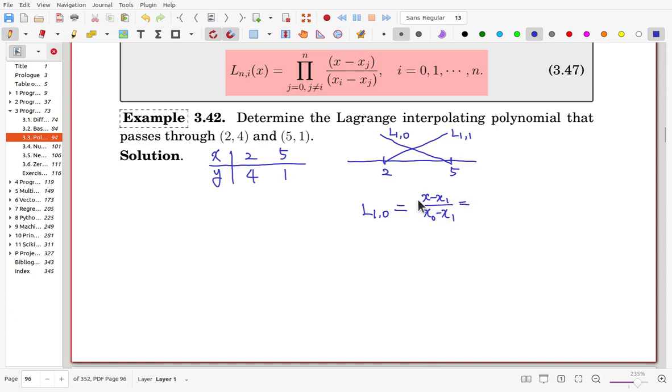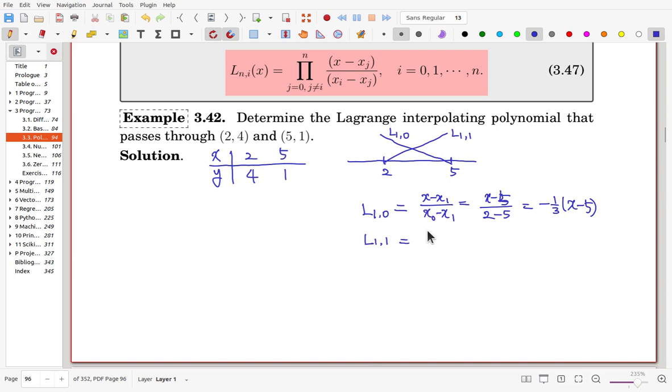Now we are using the practical values. x0 is 2, and x1 is 5. So here it's x minus 5, over 2 minus 5. So it is minus 1/3 times x minus 5. Okay, L11 for this one.